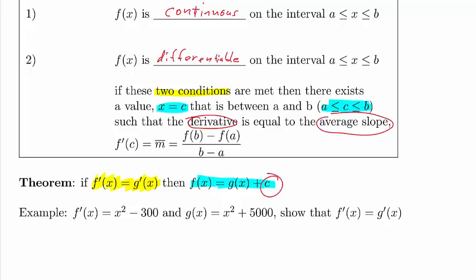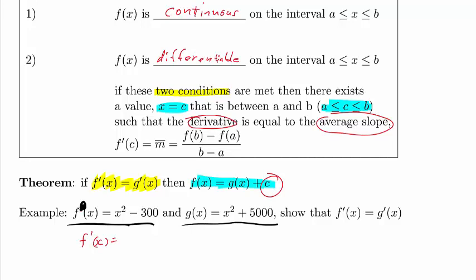We have f, and that prime should not be there. Go ahead and redact that. It should just read f of x equals x squared minus 300. And then g of x equals x squared plus 500. So let's calculate f prime of x.